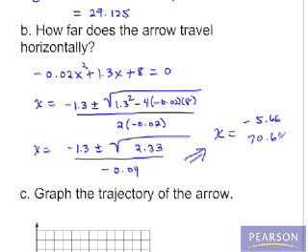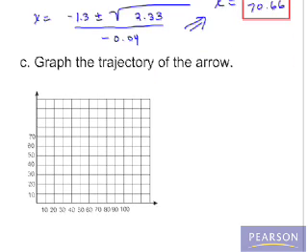Recall, x is how far the arrow travels horizontally, therefore we must throw out the negative value. It's an extraneous value. So the x value where y equals 0 is 70.66, so the arrow travels 70.66 meters horizontally. So the answer to part B is 70.66.